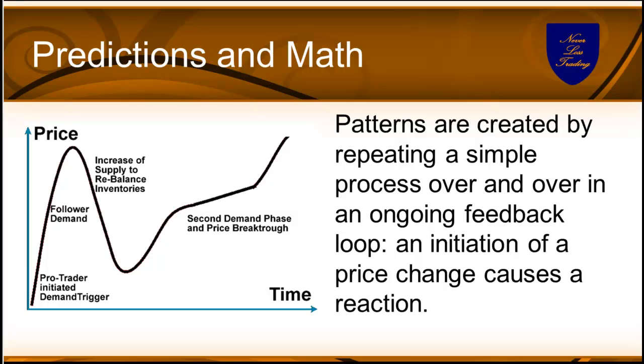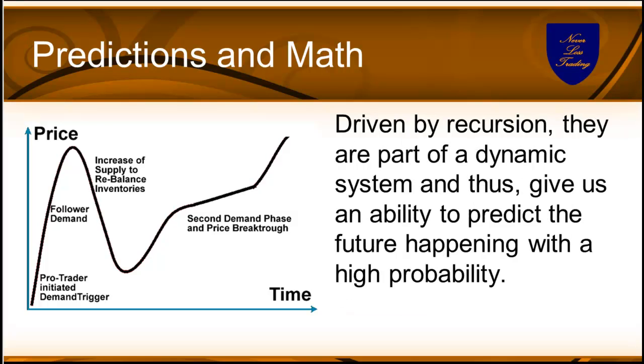When you then find a certain price level, again you have demand coming in, somebody rebalancing inventory, and a second phase of demand. So the initiation of the price change causes the reaction, and that is important. Driven by recursion, those price patterns are part of a dynamic system, and thus they give us the ability to predict the future happening with a high probability, and that's important.